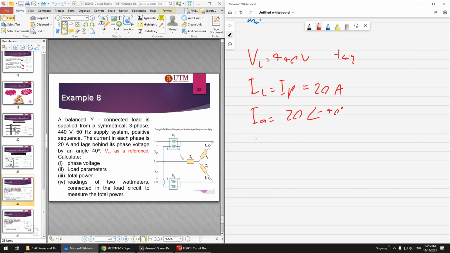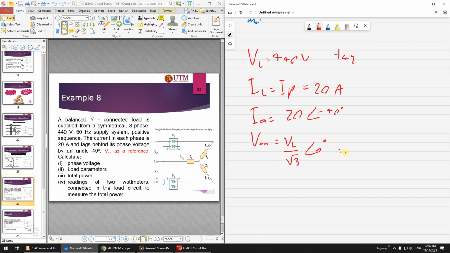So VAN is equal to, you have to convert this, VL divided by square root of 3 angle 0, because we want to use this as the reference.